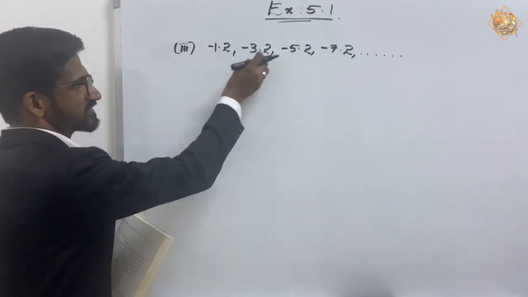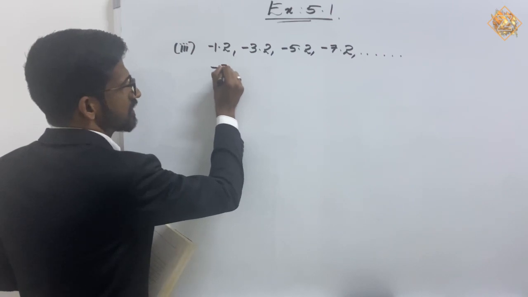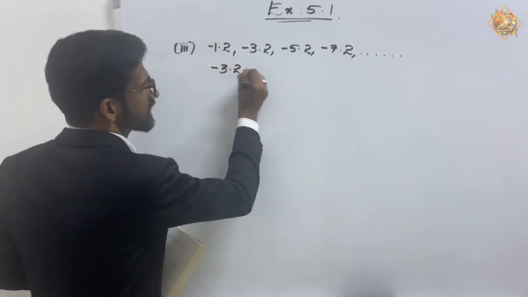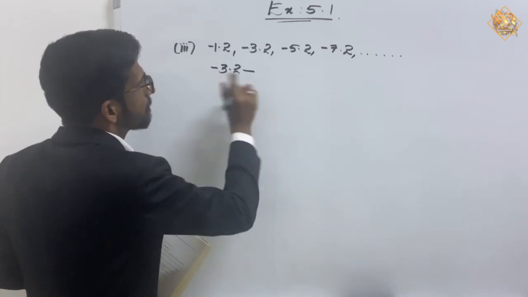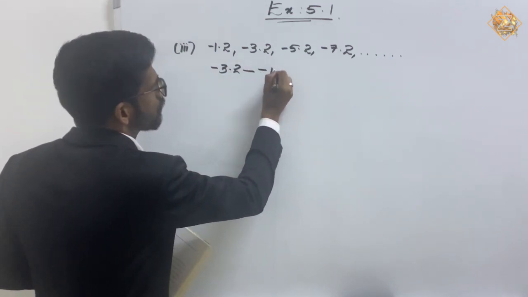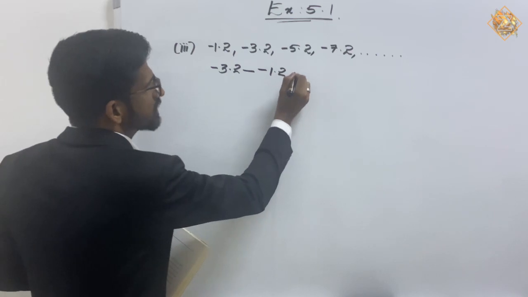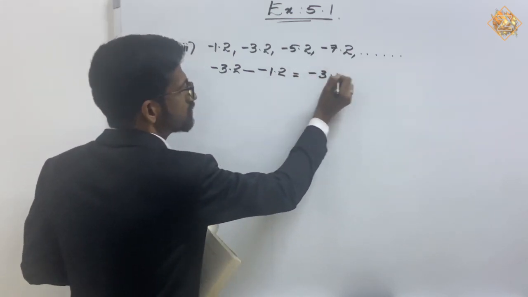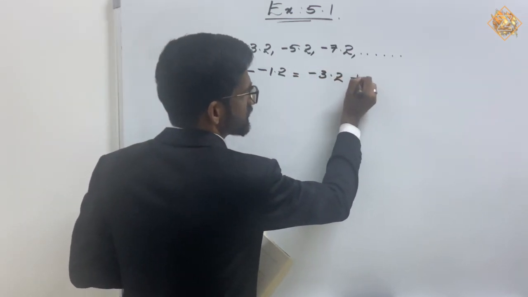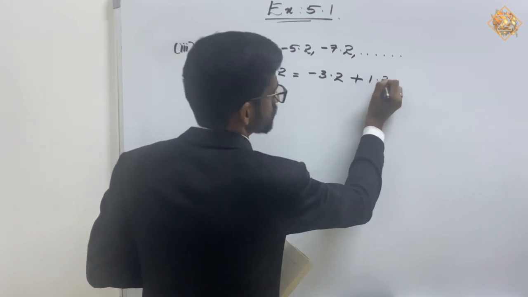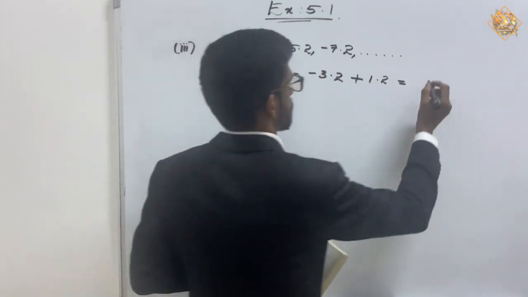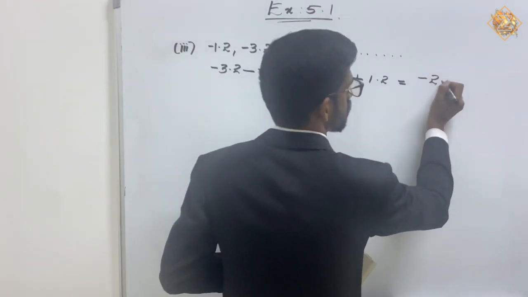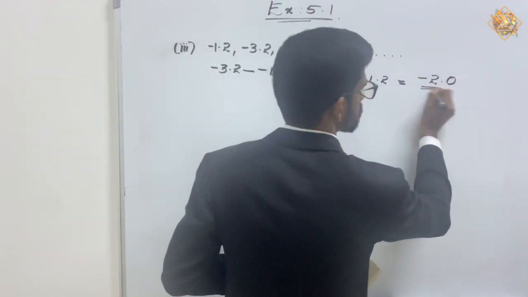So for that, from the second term, as usual, we will subtract the first term: minus 3.2 minus minus 1.2. So minus minus will become minus 3.2, minus minus will become plus 1.2, isn't it? So minus 3.2 plus 1.2, that is minus 2.0, that is minus 2.